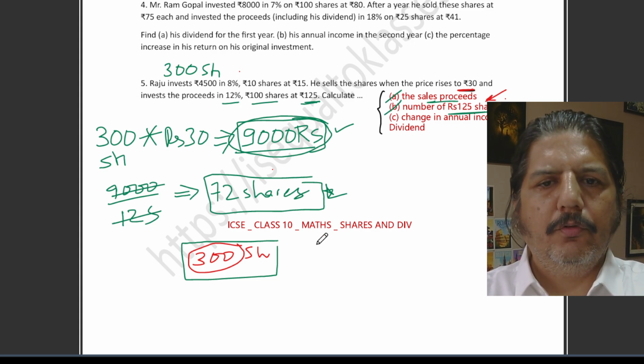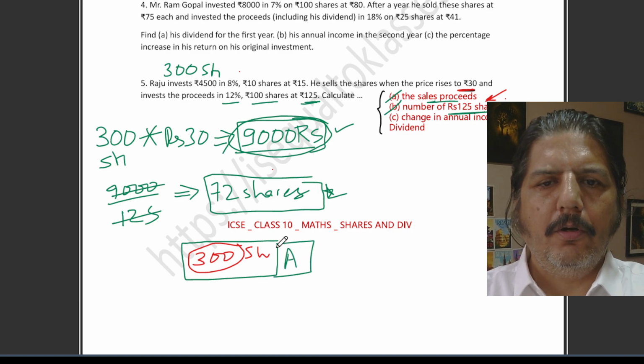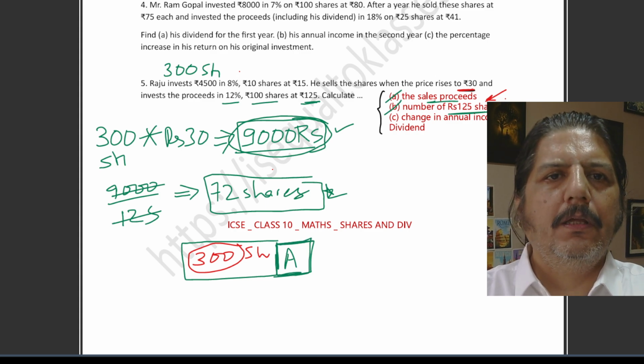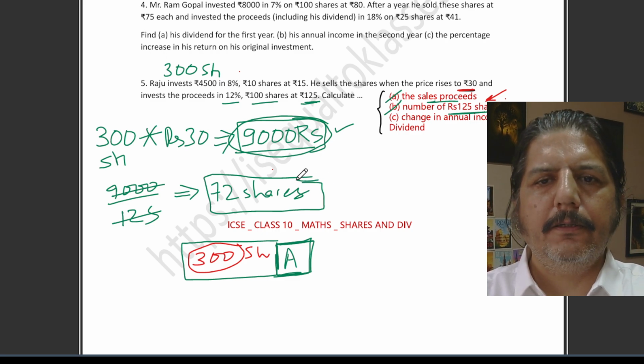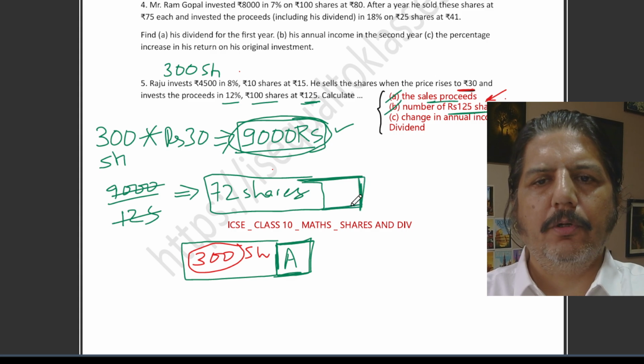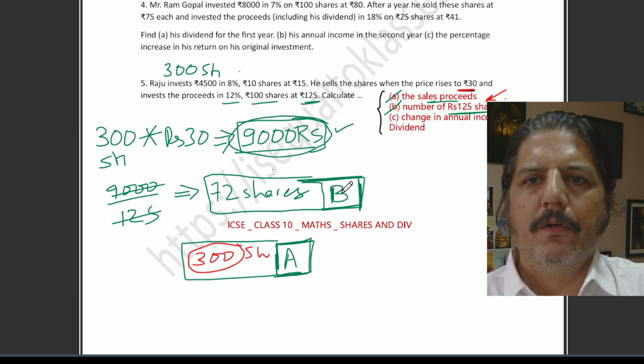Okay. Well, so let me write it like this, that he has got from company A, he had got 300 shares, and of company B, he has got 72 shares. Okay.